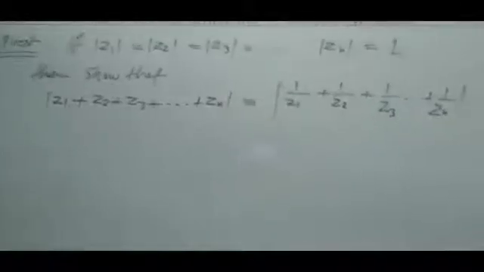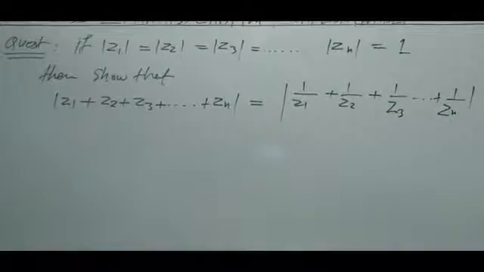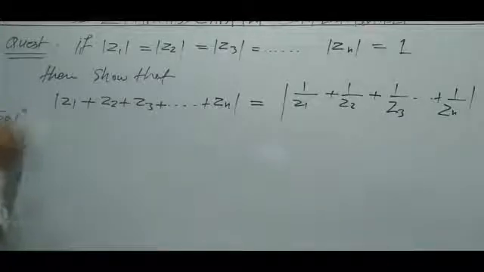Now see, this is our proof. So see the solution. We have the question, mod of z1, mod of z2, mod of z3, result is 1. So we have to prove this result.